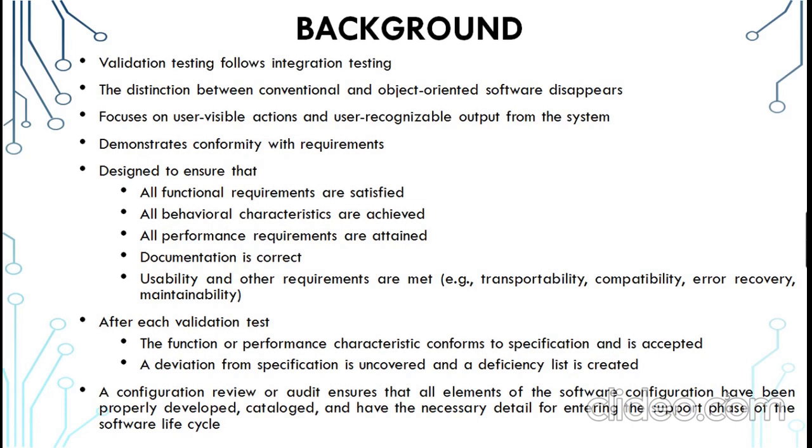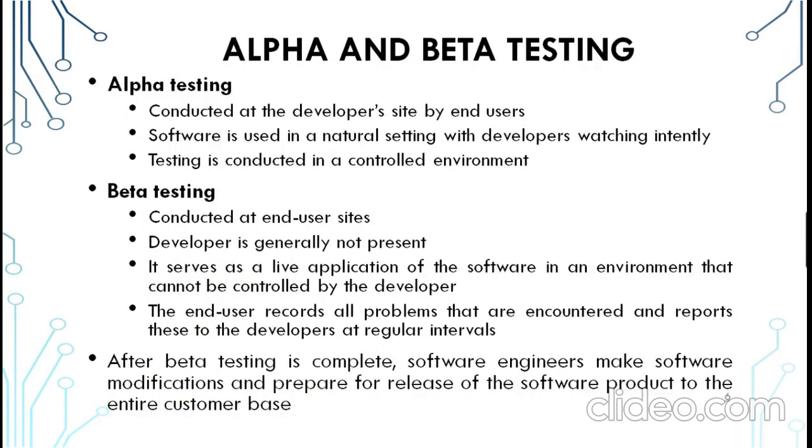A configuration review or audit ensures that all the elements of the software configuration have been properly developed and cataloged, and have the necessary detail for entering the support phase of the software life cycle.